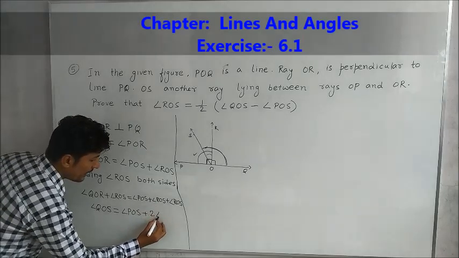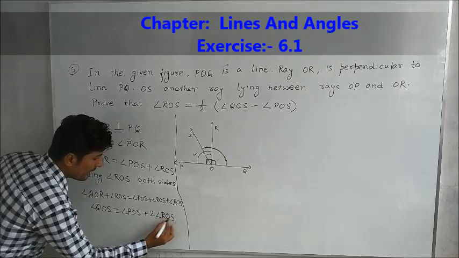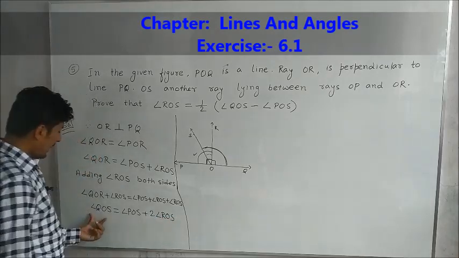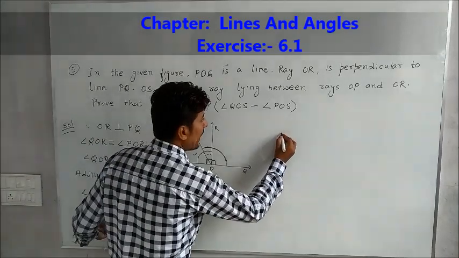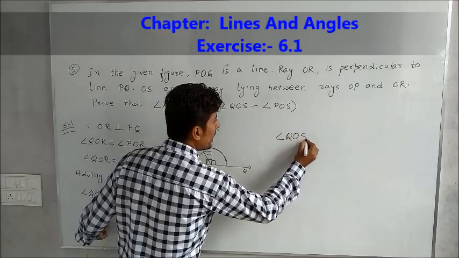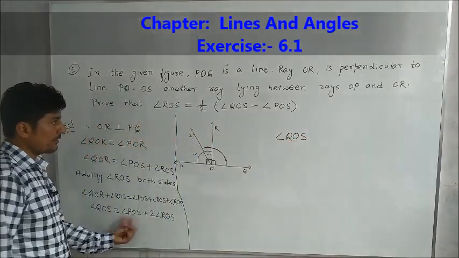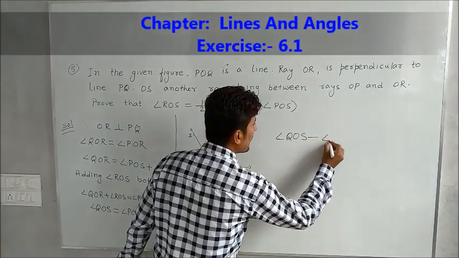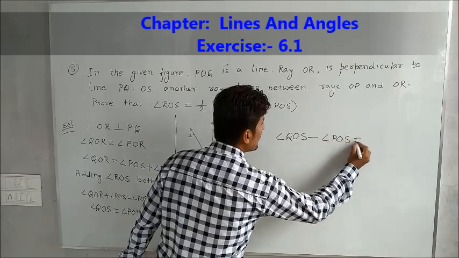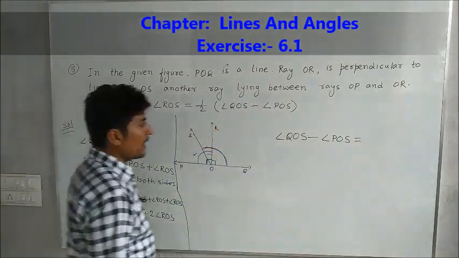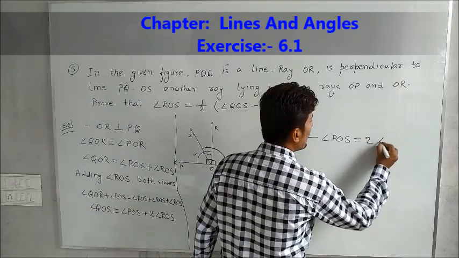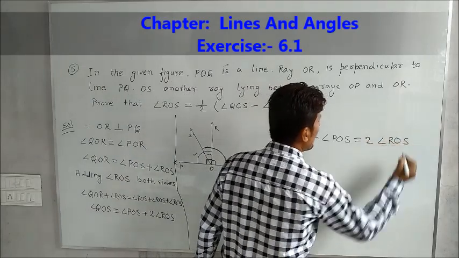We can write 2 angle ROS. After that, angle QOS will be as it is. Now POS will come to this side, so we can write angle QOS minus angle POS equals 2 angle ROS. So we can write here 2 angle ROS.